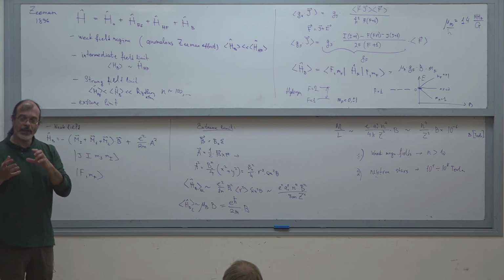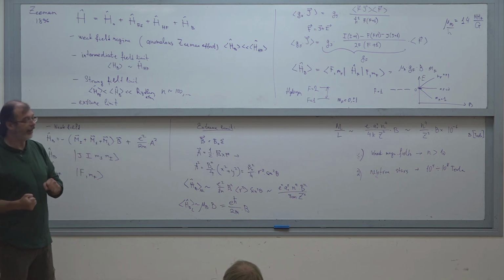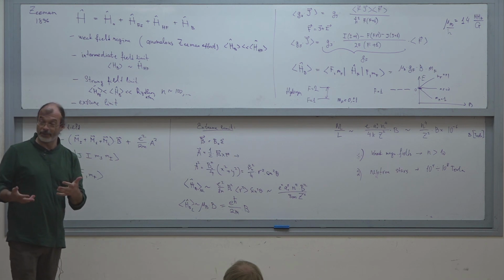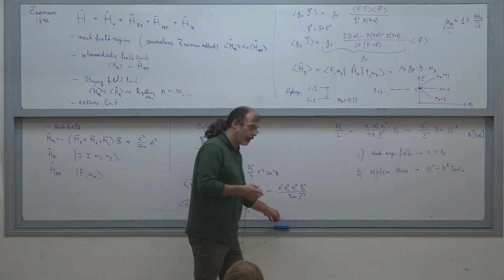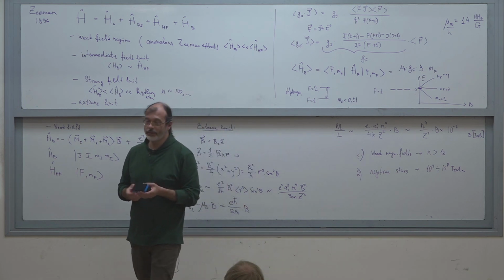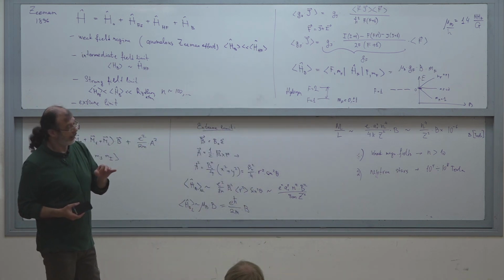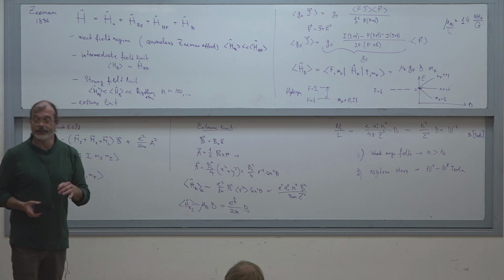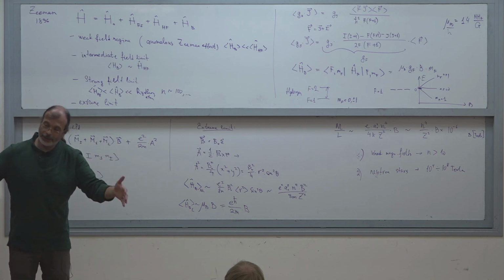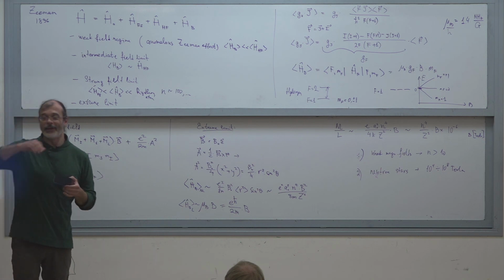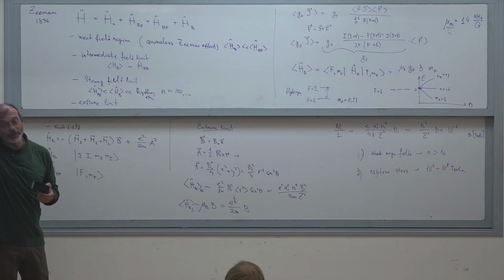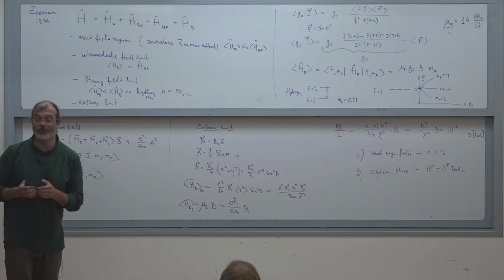Now let's have an atom in the environment of the electric field instead of the magnetic field, and let's try to see what is the difference. The electric field that we are talking about now is the DC electric field, just non-varying in time, because at the end of this course we will talk about time-dependent electromagnetic fields.